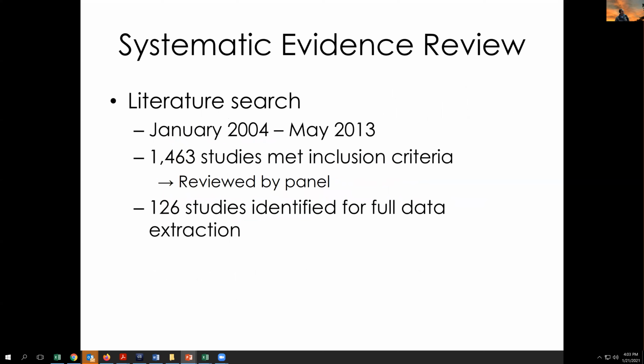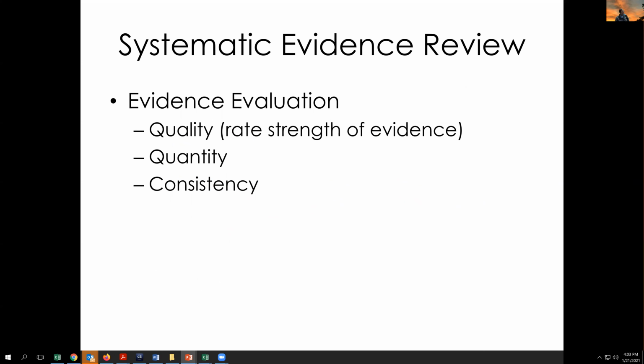So the literature search component went back almost a decade. It included nearly 1,500 studies. These were reviewed by the panel, from which 126 studies were identified that merited full data extraction. Then the evidence was evaluated based on quality as well as the quantity and consistency of the evidence.